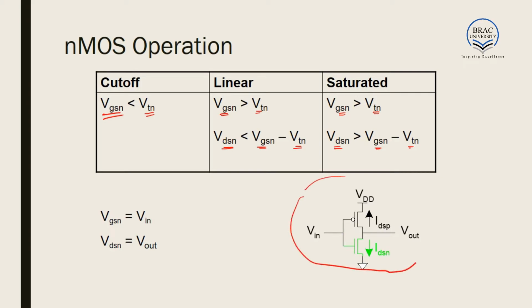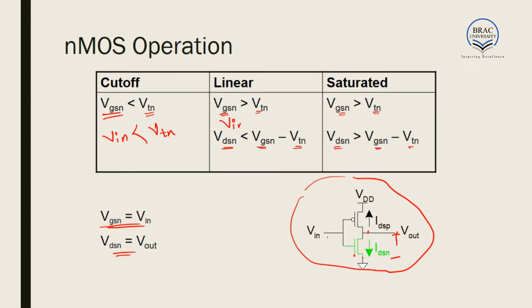Now in this circuit, if we observe, our output is actually the drain to source voltage, and our input is the gate to source voltage. So we can write VGSN is equal to V in, VDSN is equal to V out. With that, for the cutoff region, V in has to be less than V threshold.